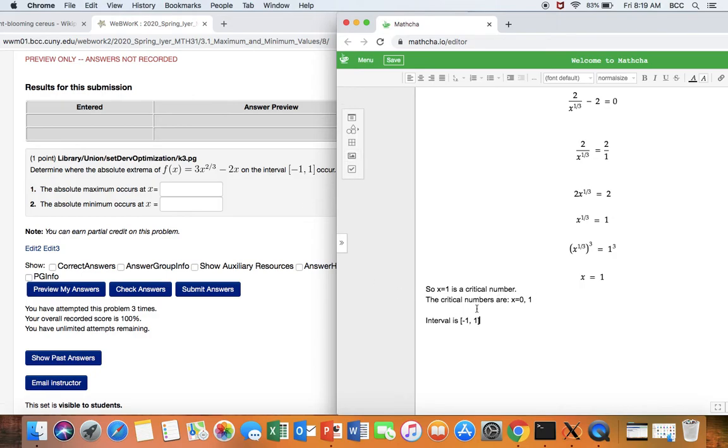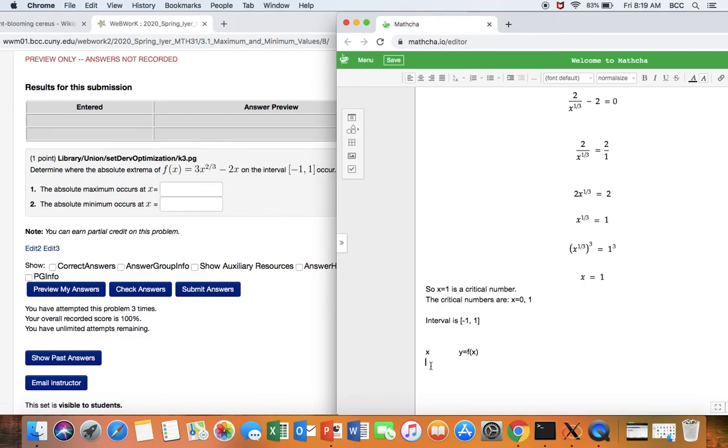Are these numbers within the interval? Yes, they are. Actually, one of the endpoints is a critical number. So what do we know? So let's use x value and y value. What is y value? Y value is the value of the given function, not the derivative anymore. We used up derivative. You have to evaluate x on f.